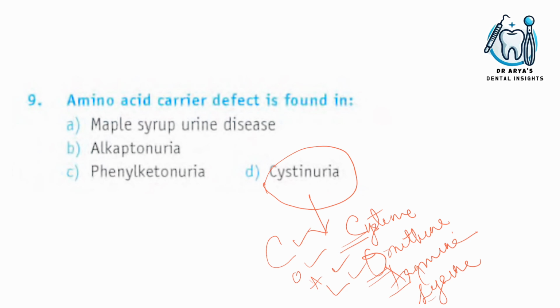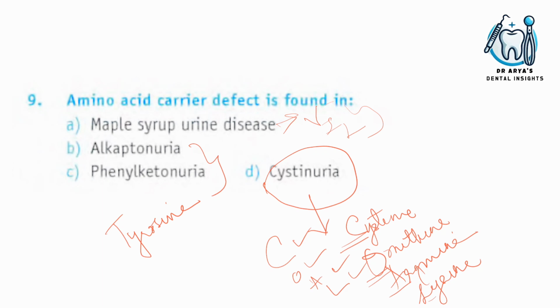And we already found out that maple syrup urine disease is due to the disorder of branched chain amino acids, that is valine, leucine, and isoleucine, that is VIL. Okay. And it is due to the defect in the enzyme branched chain alpha ketoacid dehydrogenase. It is also known as branched chain ketonuria. Then phenylketonuria and alkaptonuria are due to disorders in tyrosine metabolism.